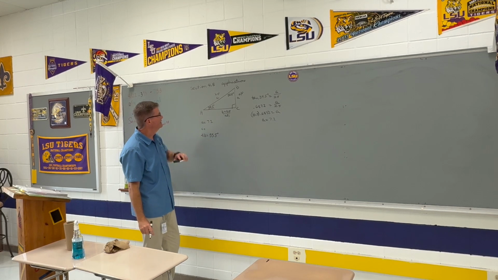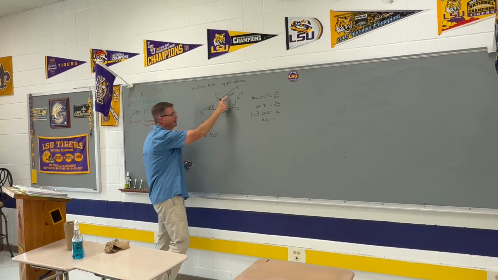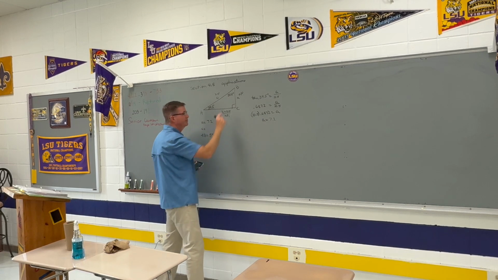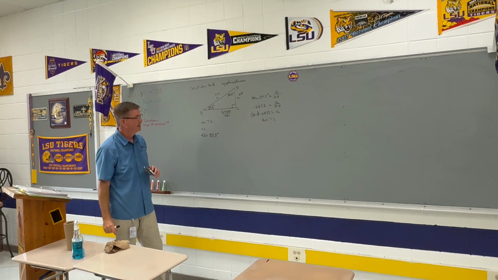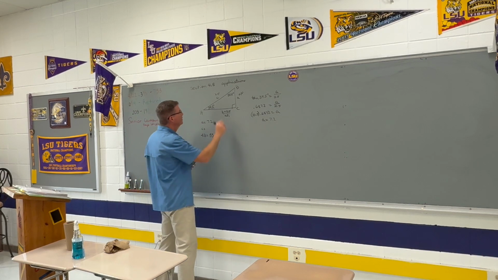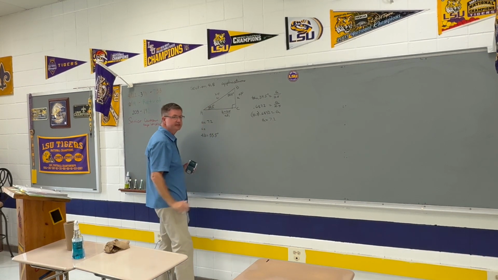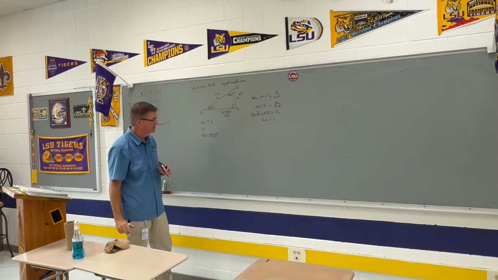In order to find c, the hypotenuse, I'm still going to use the two that were given to me rather than the two that we just found, because if we found the wrong length, it's not going to give us the right answer. So here we have the angle, we have adjacent, we have hypotenuse. Adjacent and hypotenuse is the cosine.